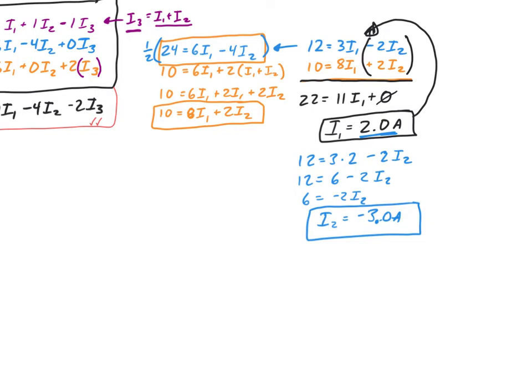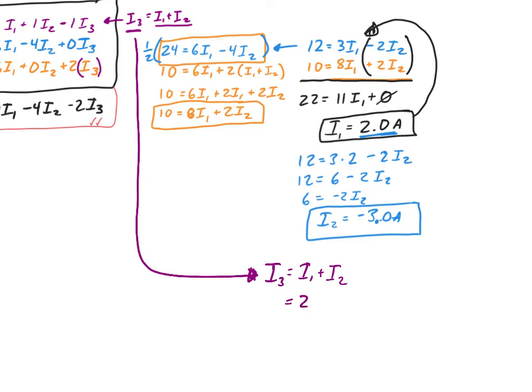Lastly, let's check out I3. From our purple equation, I3 is equal to I1 plus I2. I1 is equal to 2 amps. I2 is equal to negative 3 amps.